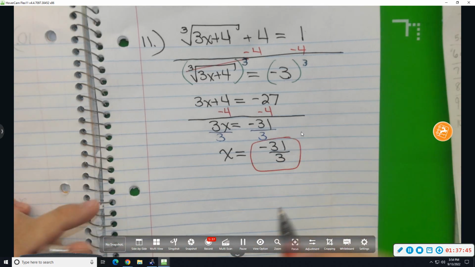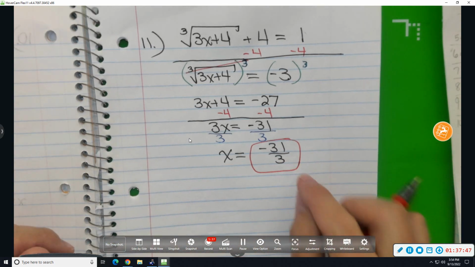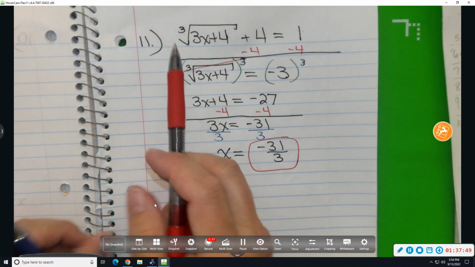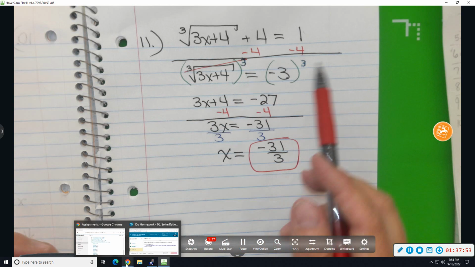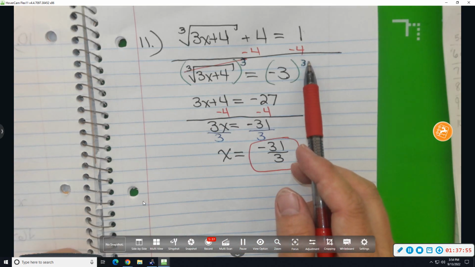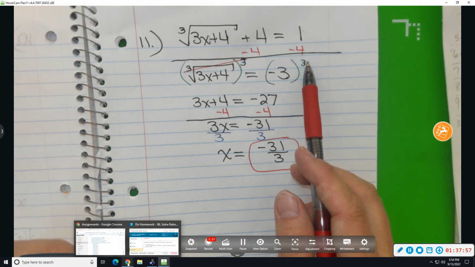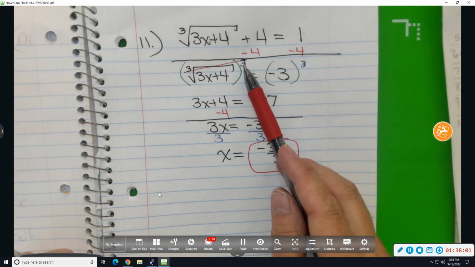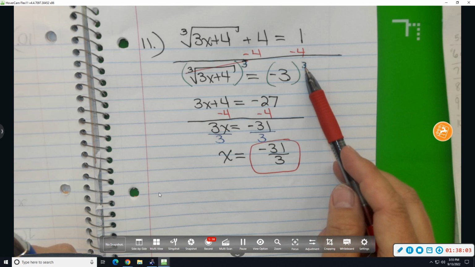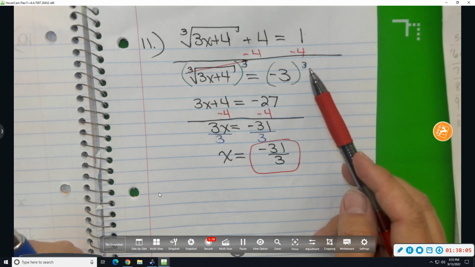I don't have to check my answers because that was an odd power. I remember we used to have a textbook that used the terminology equivalence. Raising both sides of an equation to an odd power guarantees equivalence.